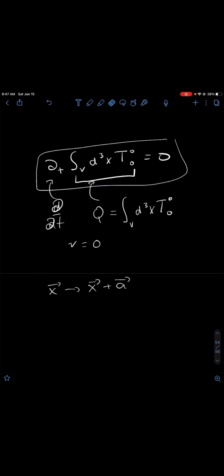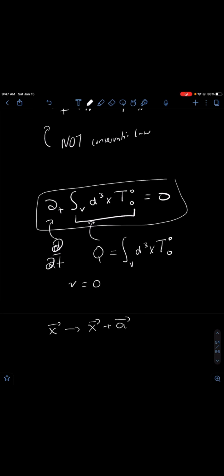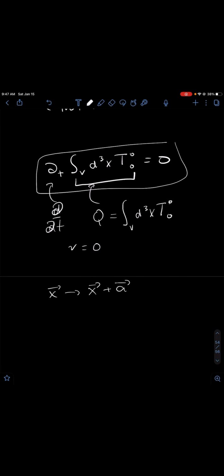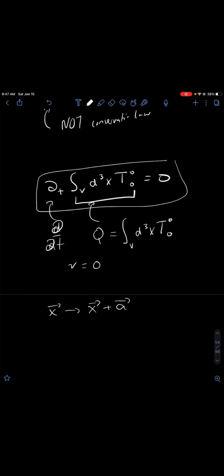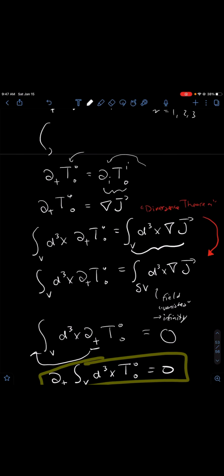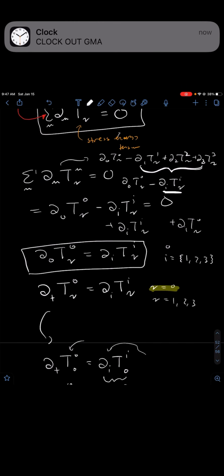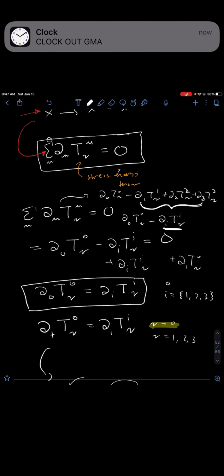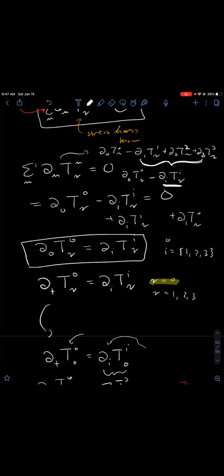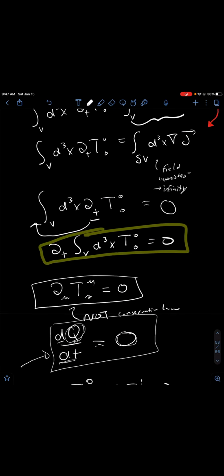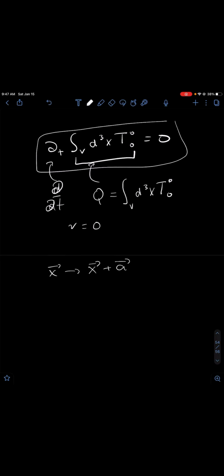Now, for ν equals 0, that's just the time component. Again, we have t, x, y, and z for this space-time point, and ν equals 0 is our first component.